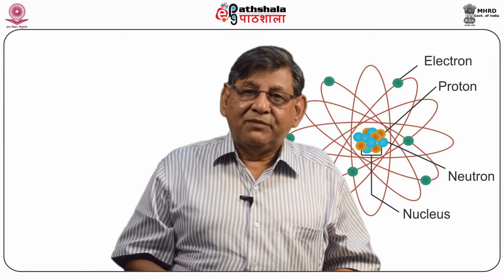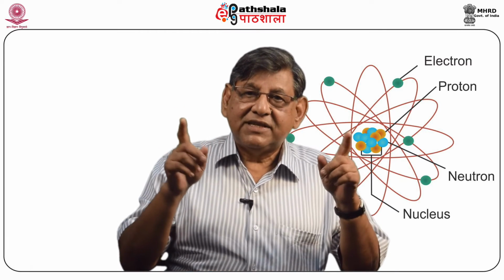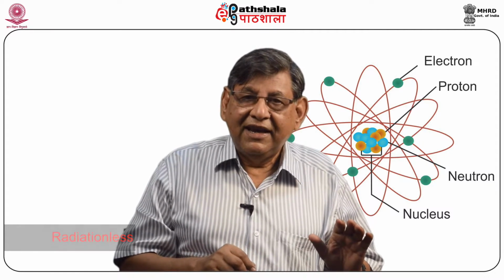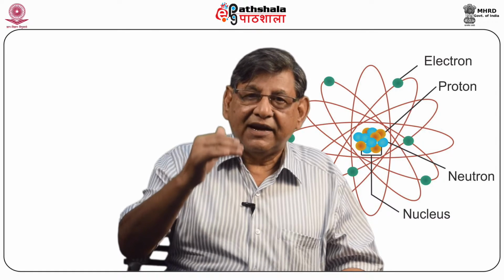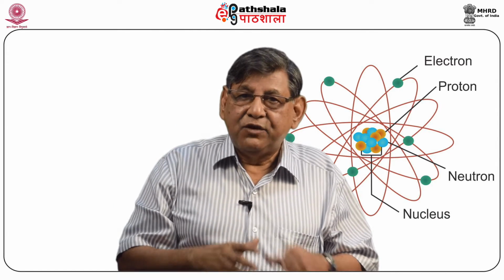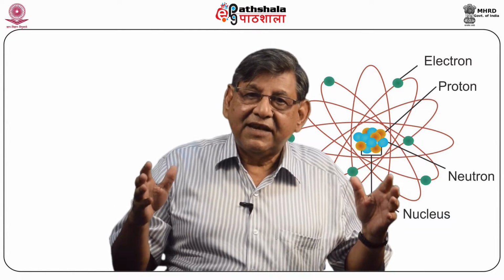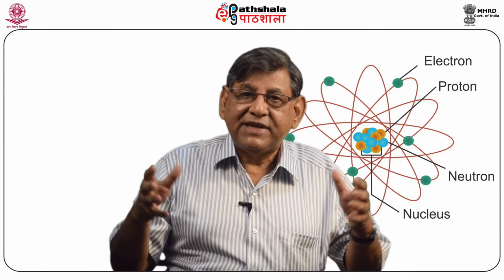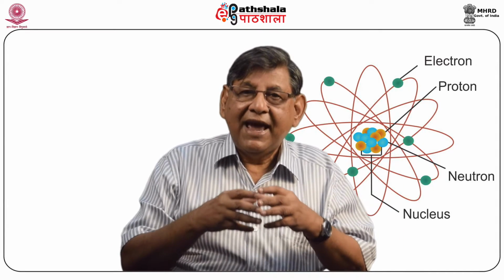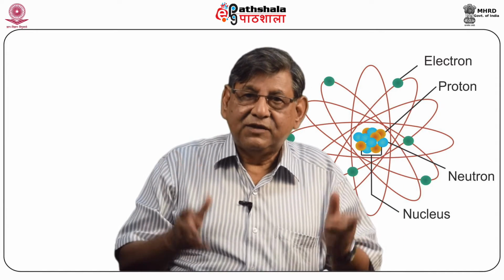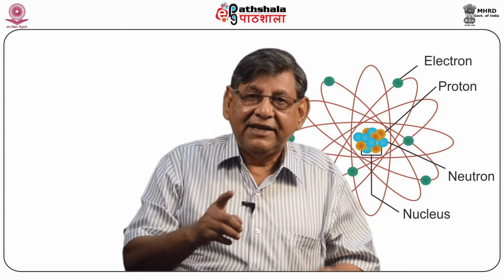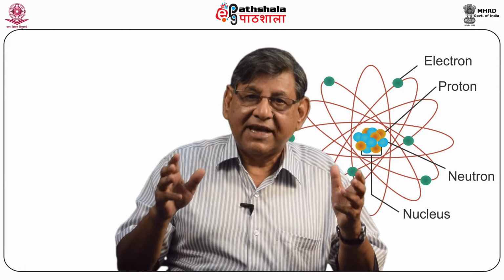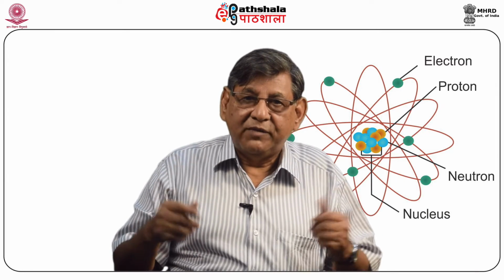But the important thing to note is that these electronic orbits in atoms are radiationless. That is, as long as the electrons are in these allowed orbits, they don't radiate. This gives stability to the atom, because if the electrons radiated, they would lose energy and fall into the nucleus, and the atom would not be stable. So this is a very important point: the electrons do not radiate in these stationary orbits, as they are called, or the allowed orbits of the atoms.